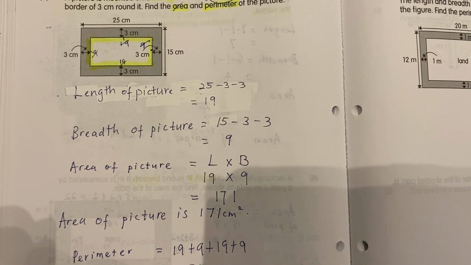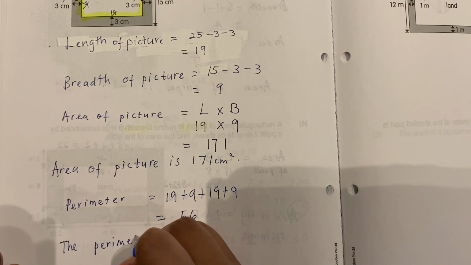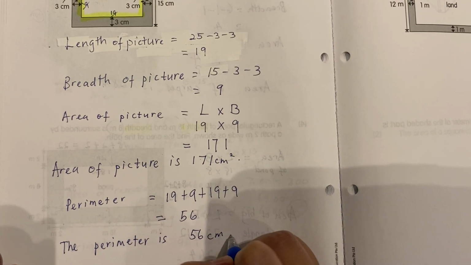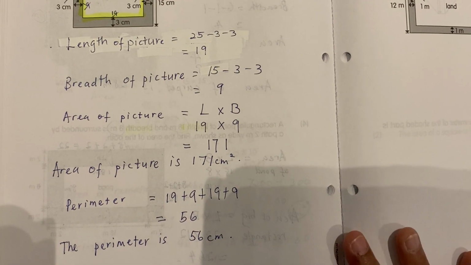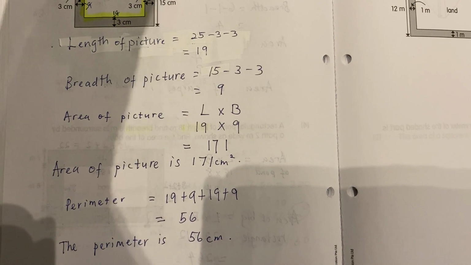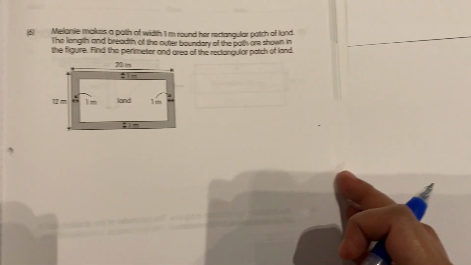So the perimeter is 56 cm, and you're done. Is everybody okay? Alright, now let's do question 6.